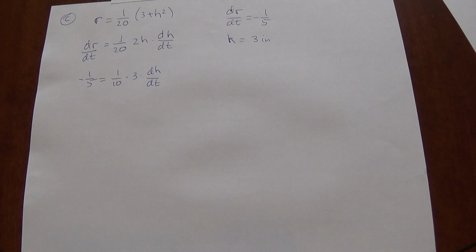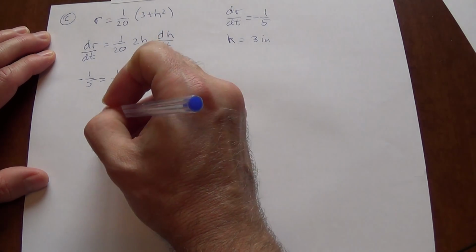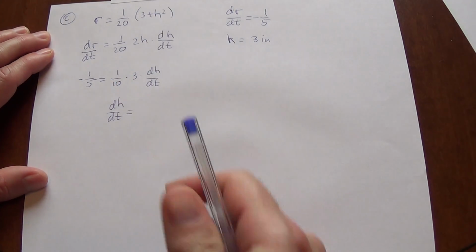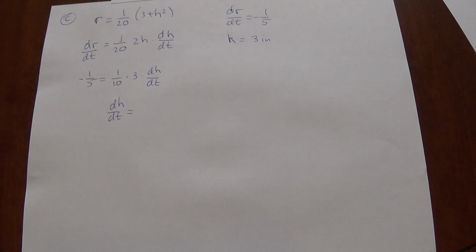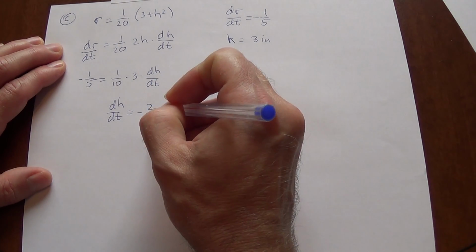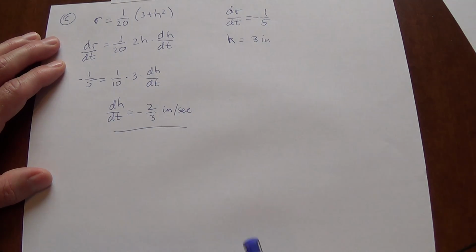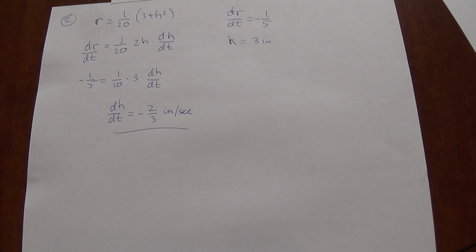And the rest is a pretty simple work. And dh over dt from here is going to equal negative 2/3 inches per second.